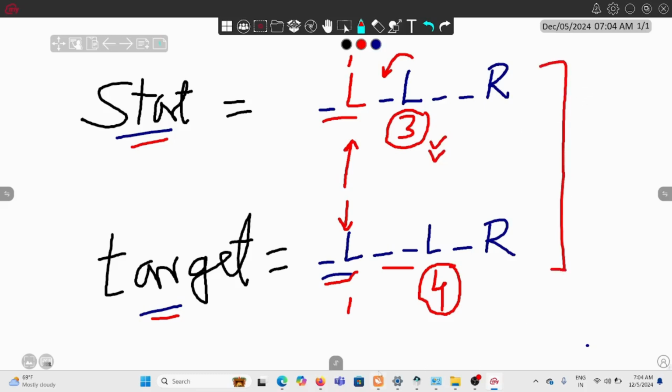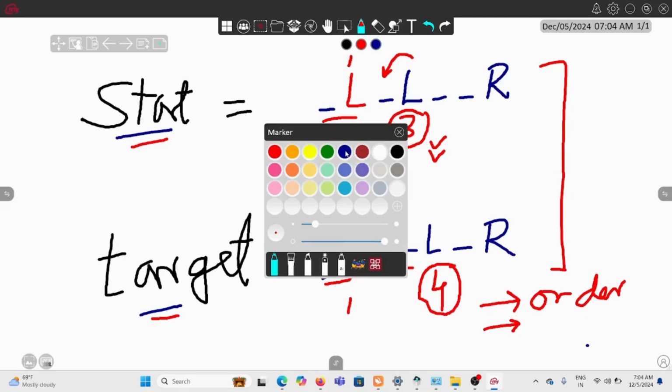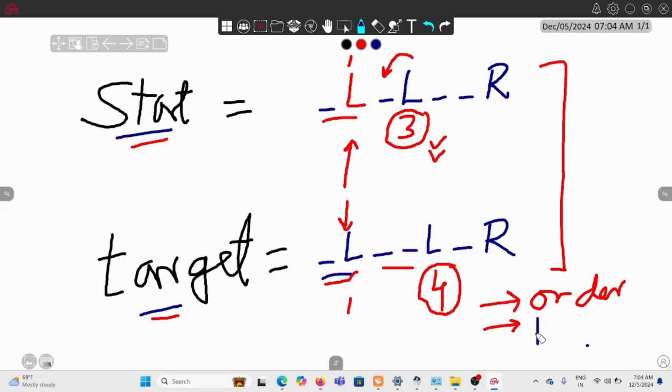So what we have to do now, we found three things. Number one is their order should be the same, right? Ordering of the L and R should be the same, basically the relative positions. Then we found for the position of R, this R should be either at the same location or a smaller one, right?